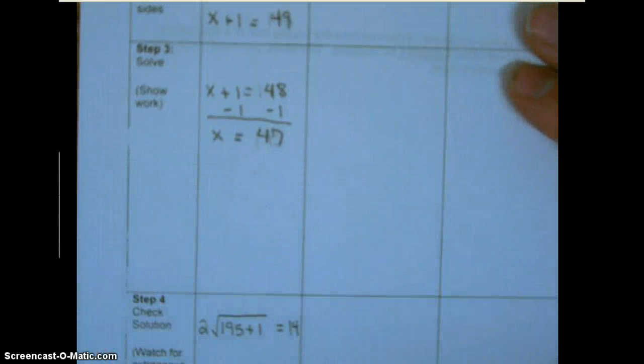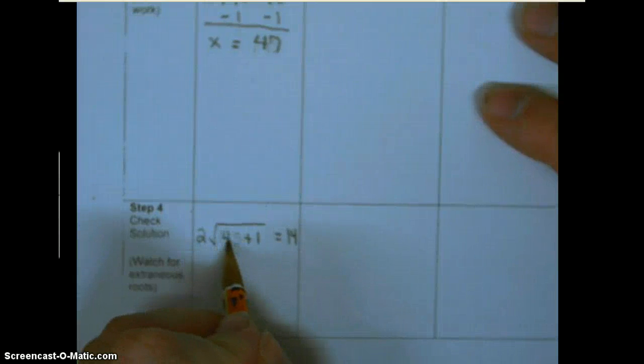Step 4 is to check for any extraneous solutions. So what we do here is we plug in our answer, which was 48. We plug that into the equation. Excuse me, I miswrote up here.